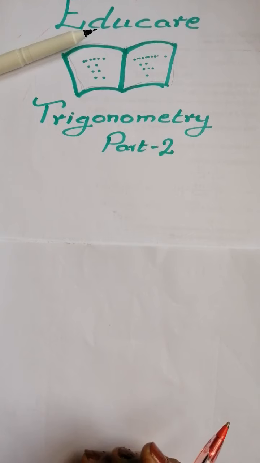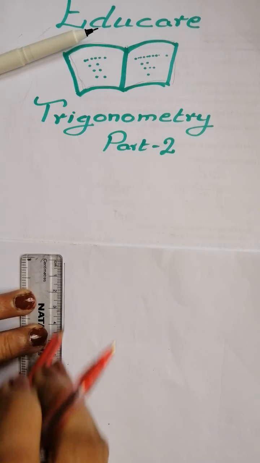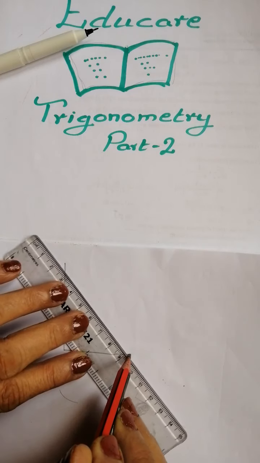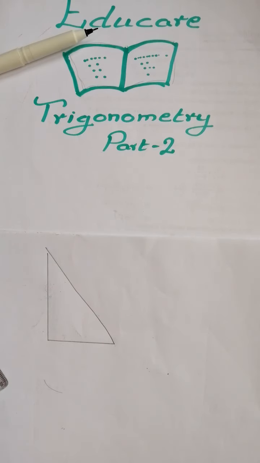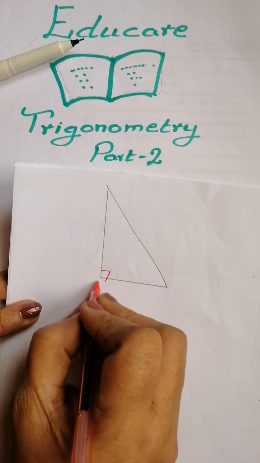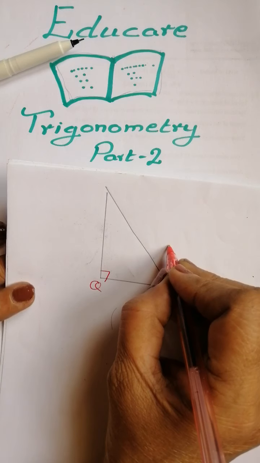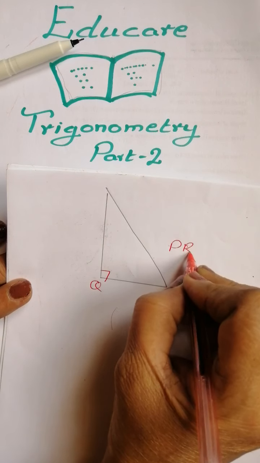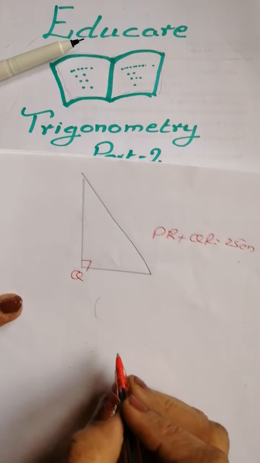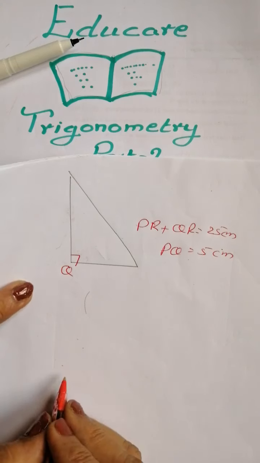Here they told right angled at Q. PR plus QR equals 25 centimeter, and PQ is equal to 5 centimeter.